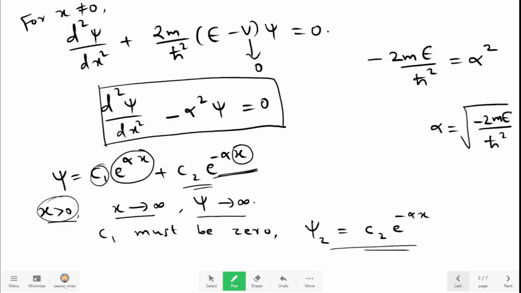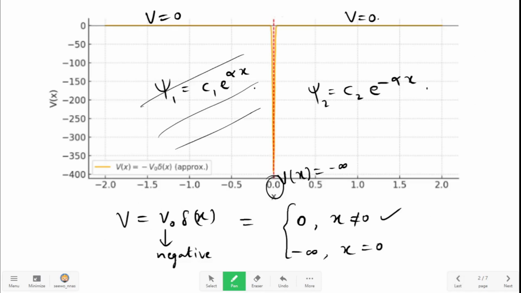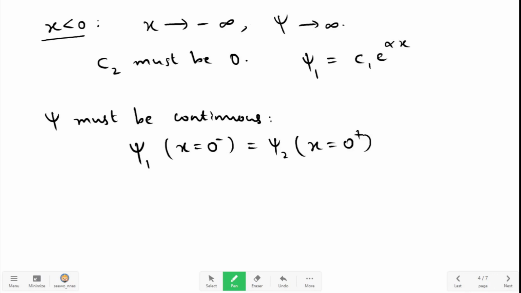That is, if we approach x equal to 0 from the right side, or from the left side, in both cases psi at 0 must be the same. So that's why we are writing like this.